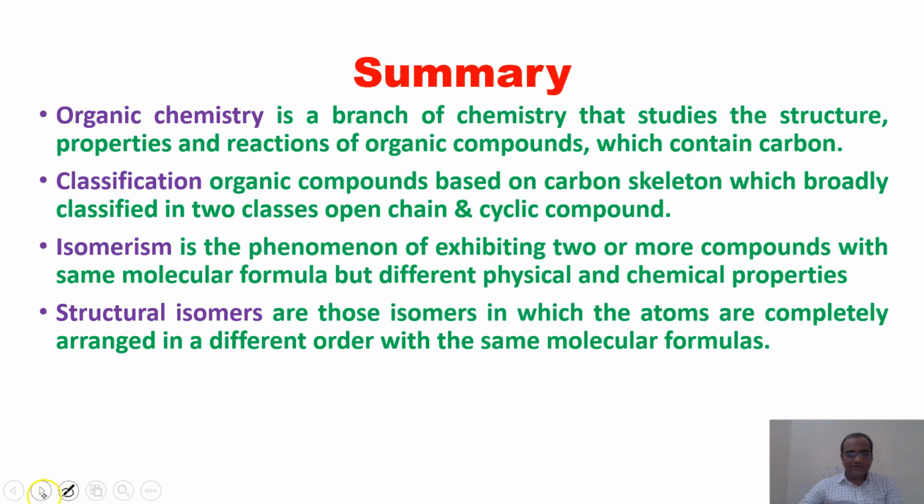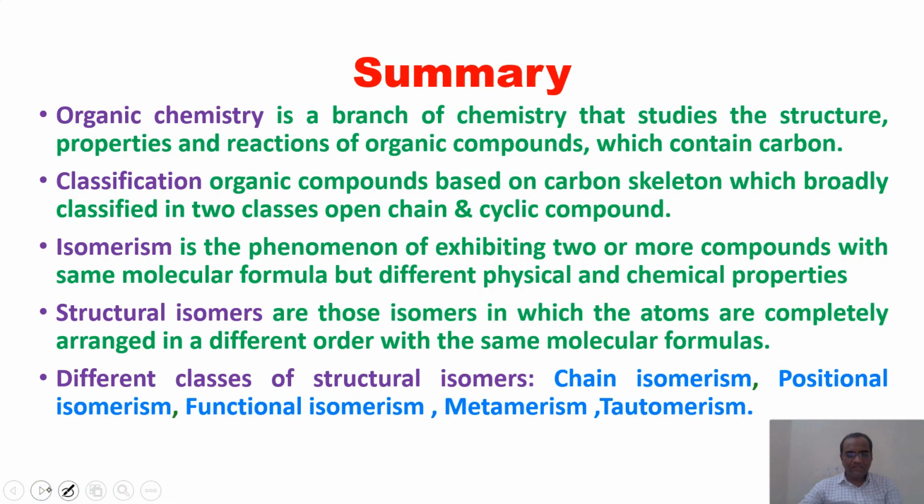Next was structural isomerism, those isomers in which the atoms are arranged in a completely different order with the same molecular formula. We have seen the different classes of structural isomerism in detail with examples: chain isomerism, positional isomerism, functional isomerism, metamerism and tautomerism.